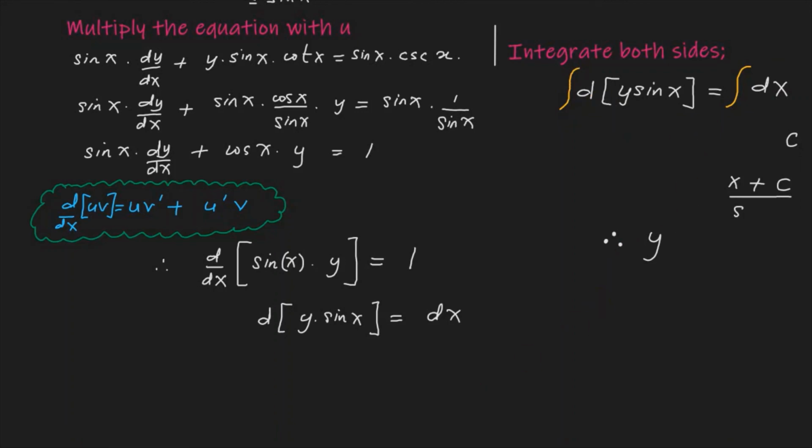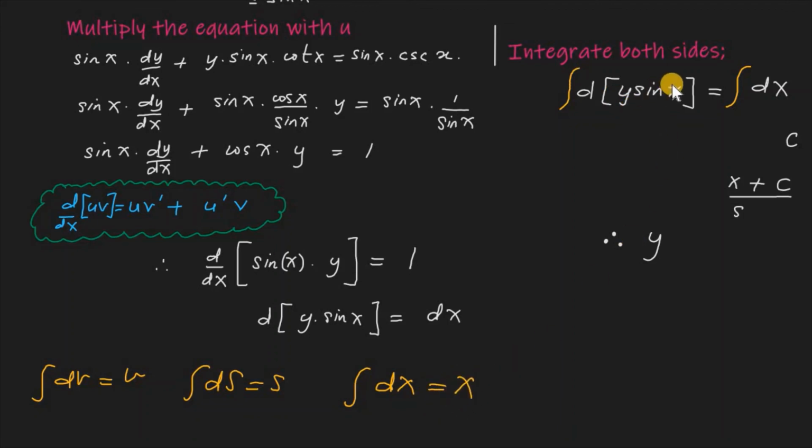We do know that if you integrate dv, the integral of 1 dv is v. If you integrate ds, the integral of 1 ds is s, or integrating dx, we get x.